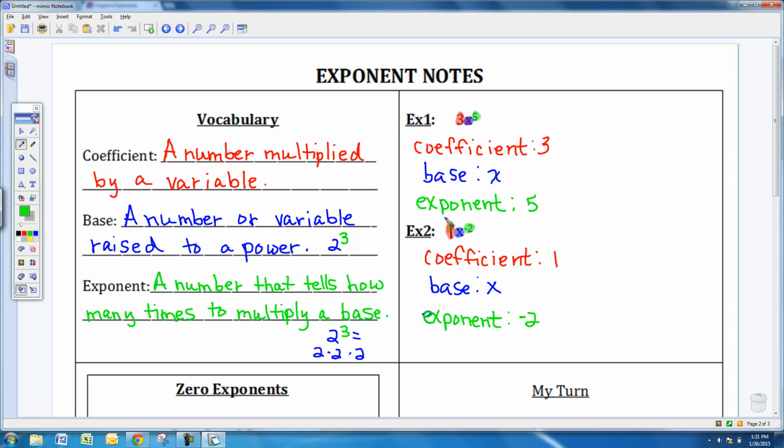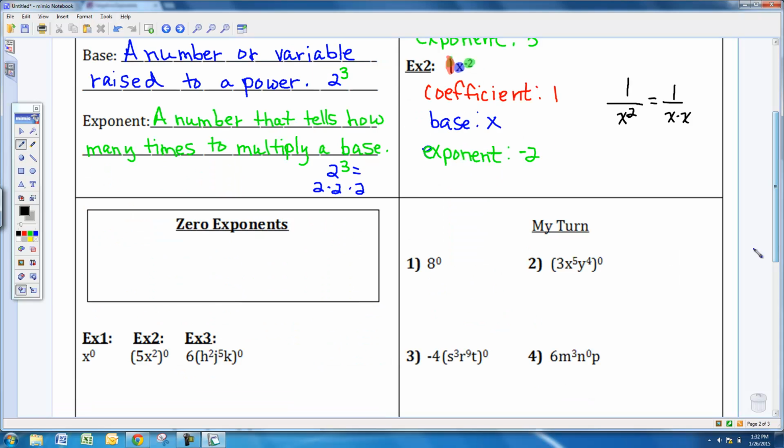So we could change this expression, instead of 1 times x to the minus 2 power, to 1 divided by x to the second power. This expression is telling us to divide by x 2 times. In other words, 1 over x times x. So that's basically the meaning of a negative exponent.